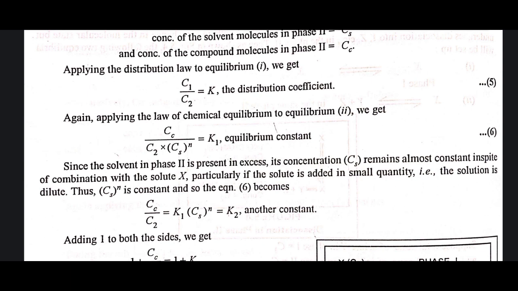Thus Cs raised to the power n is constant, and so equation 6 becomes Cc upon C2 is equal to K1 Cs raised to the power n is equal to K2, another constant.